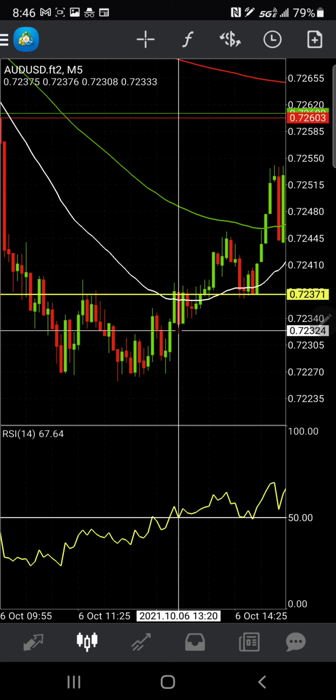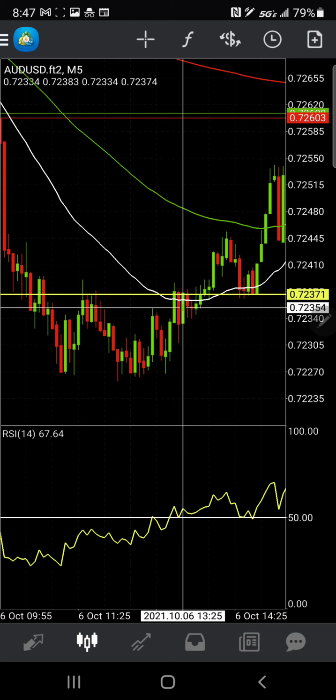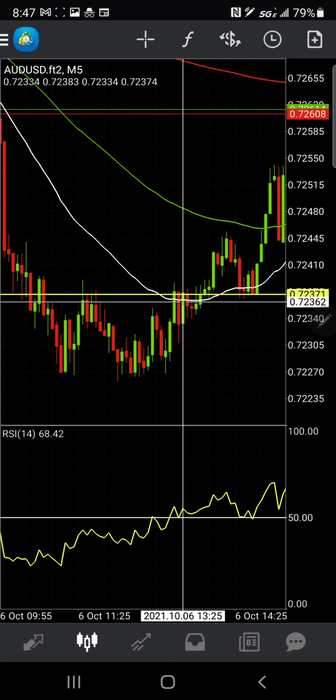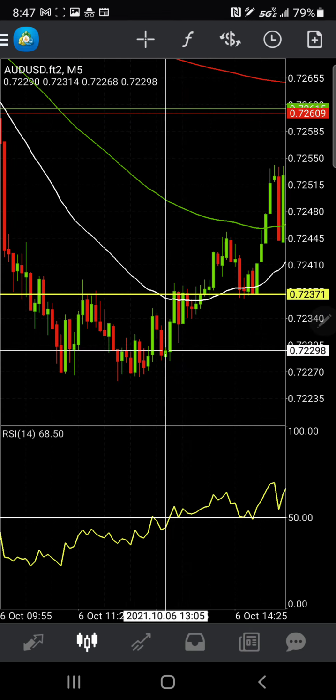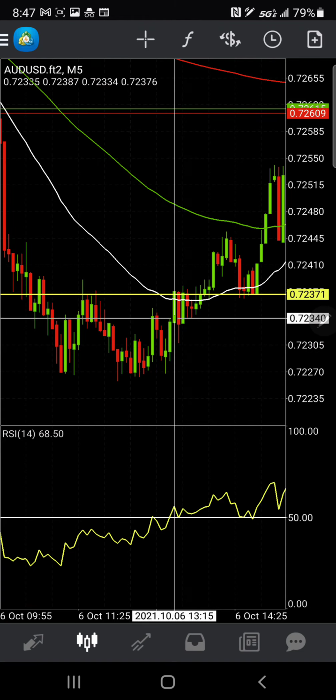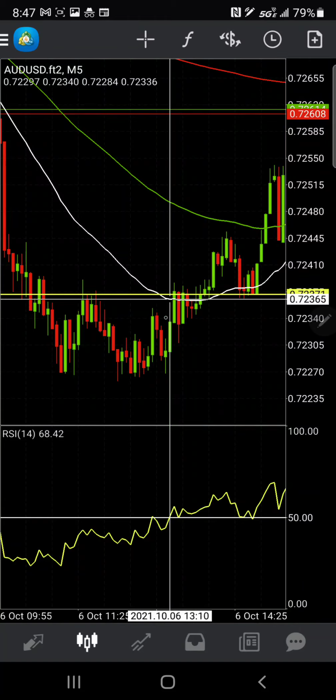Let's see, 13:20. Okay, so I got in right here. So this was a bullish, bearish, bullish continuation pattern right here. And also what was happening is I saw that our 21 period smooth moving average was being respected.